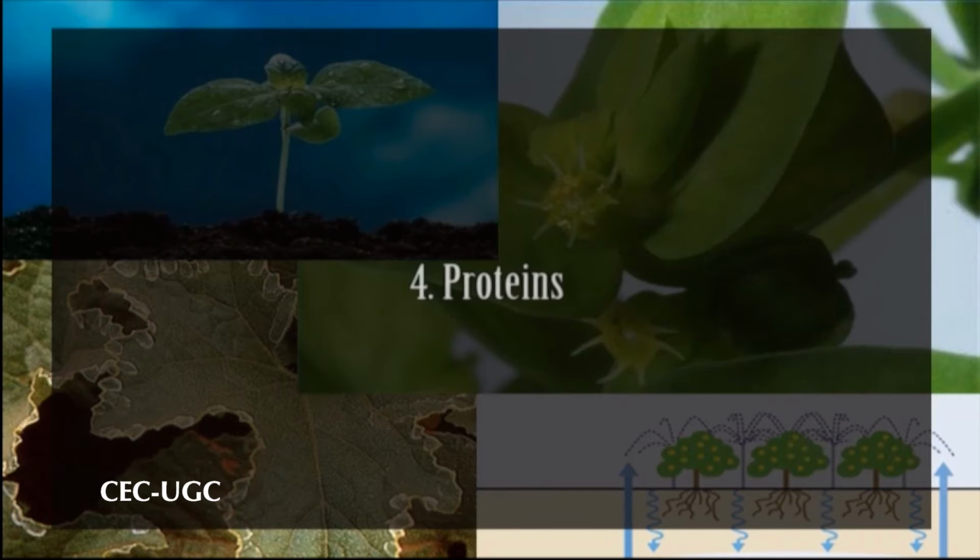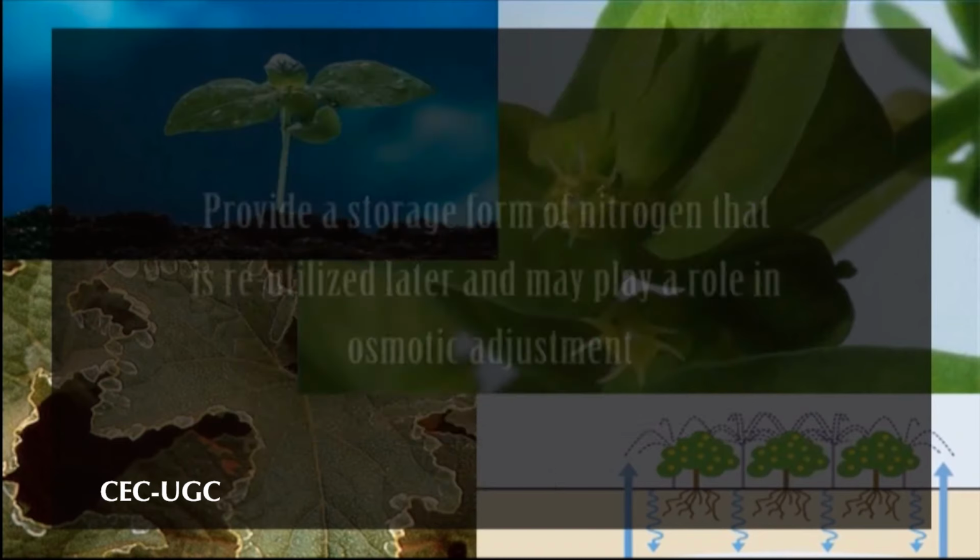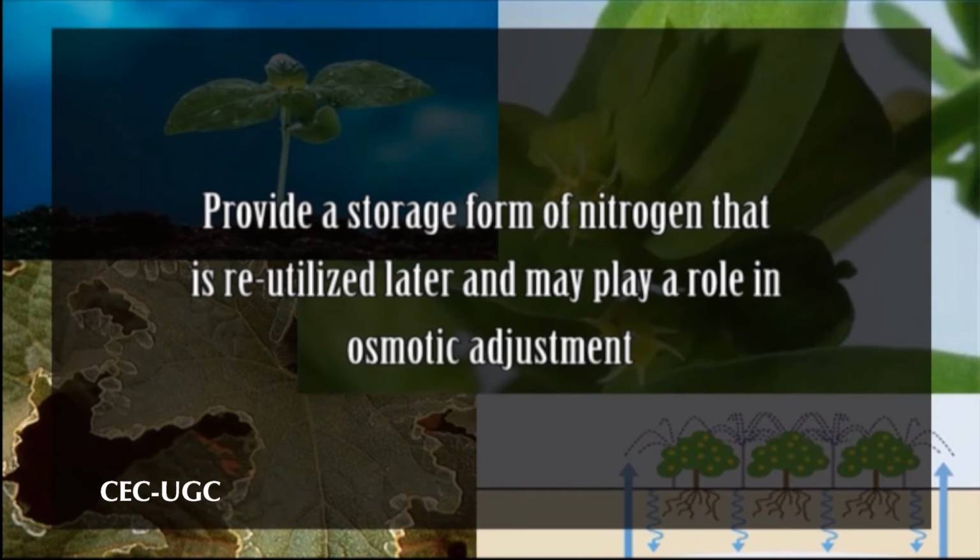Number 4. Proteins. Proteins that accumulate in plants under saline conditions may provide a storage form of nitrogen that is reutilized later and may play a role in osmotic adjustment. They may be synthesized de novo in response to salt stress or may be present constitutively at low concentration.